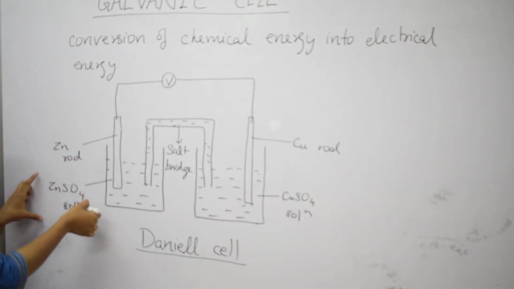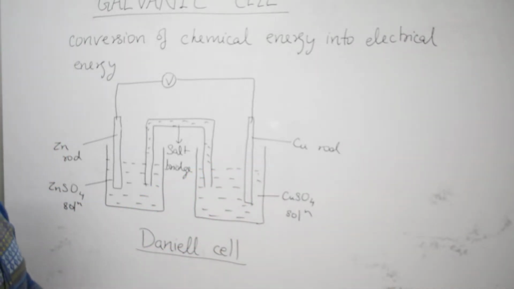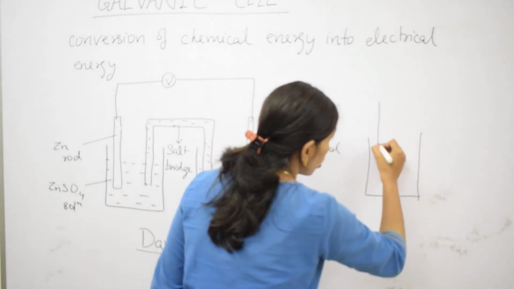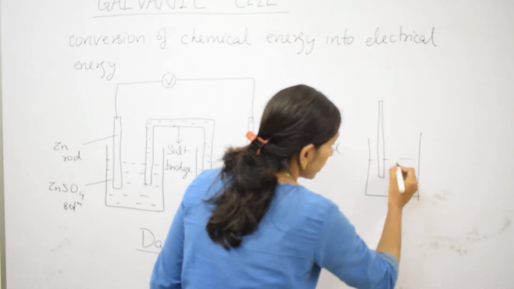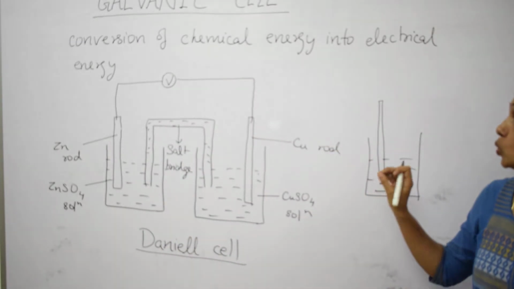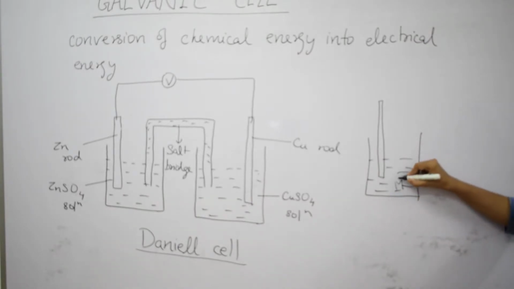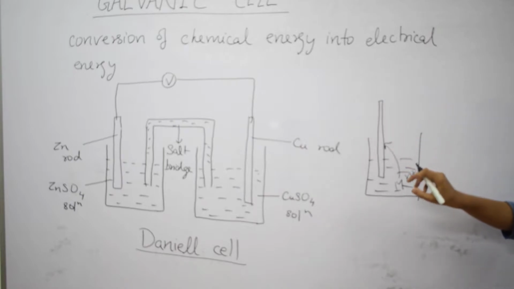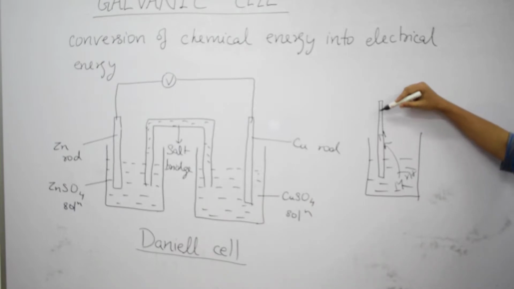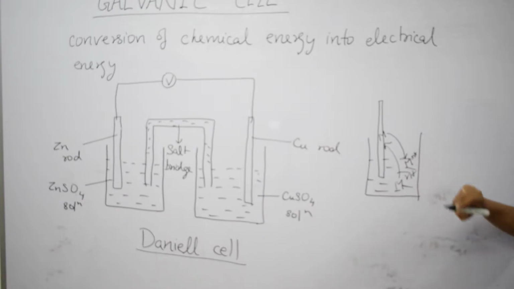Here zinc rod dipped into zinc sulphate solution and copper rod dipped into copper sulphate solution. Usually when a metallic rod is present in its own salt solution, it has two tendencies. The metal ions reach the rod, get reduced and deposit there, and the metal from the rod ionizes, that is oxidizes, into solution.